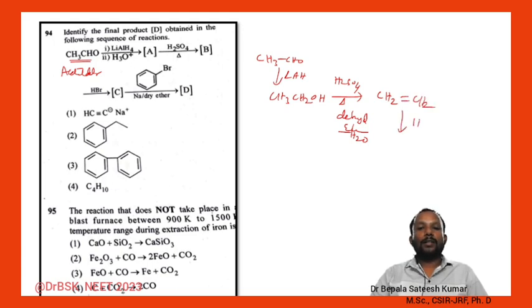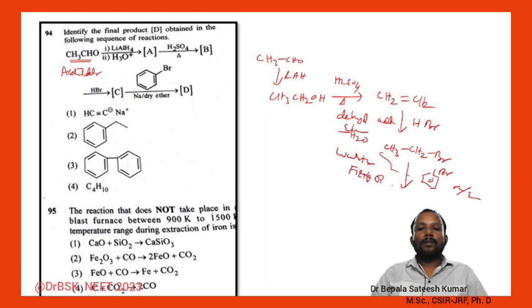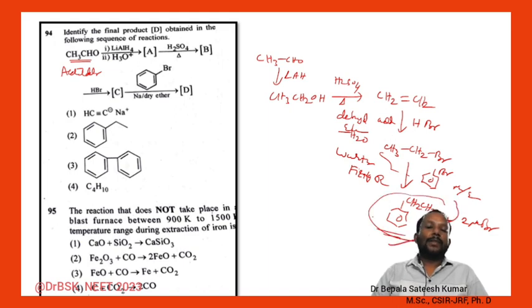This molecule reacts with HBr, so an addition reaction takes place to give CH3CH2Br. This bromo compound reacts with bromobenzene and sodium in ether, which is the Wurtz-Fittig reaction, a coupling reaction, with 2 NaBr formed, to give ethyl benzene.